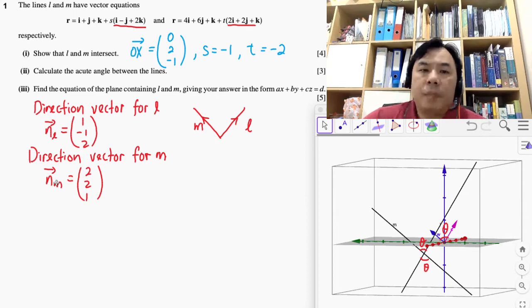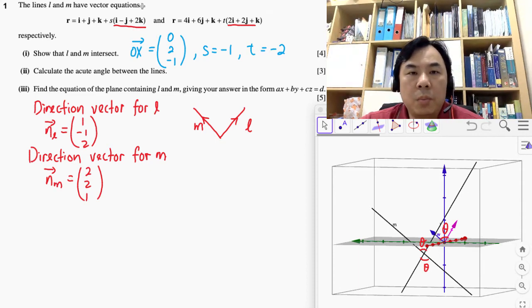I hope you are clear what this component represents in terms of its vector equation.